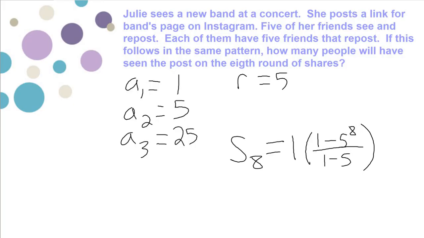So I can just type in 1 minus 5 to the 8th, and then you're going to divide that by -4. And what do we get? 97,656.